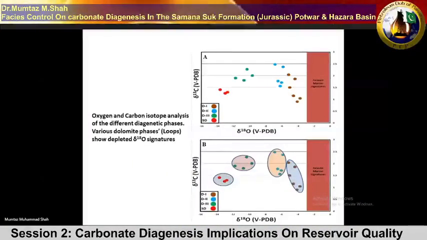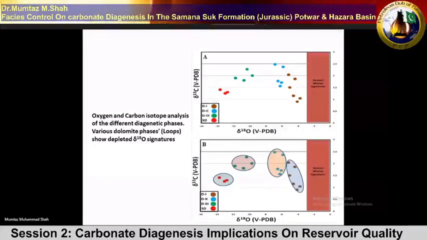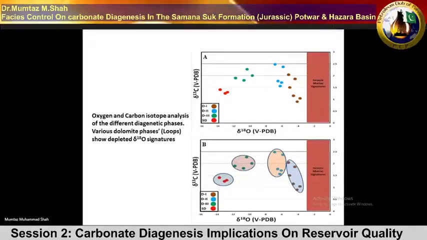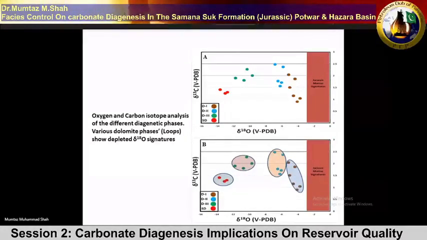So these various phases had been collected, sampled, and analyzed for oxygen and carbon isotope analysis. Based on the isotope analysis, it has been seen that the saddle dolomite has very depleted values in terms of oxygen, whereas Dol 1 is quite close to the original marine signatures.